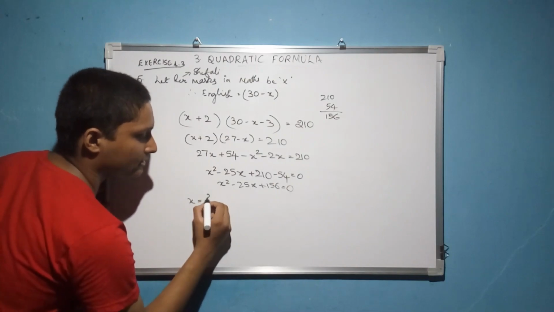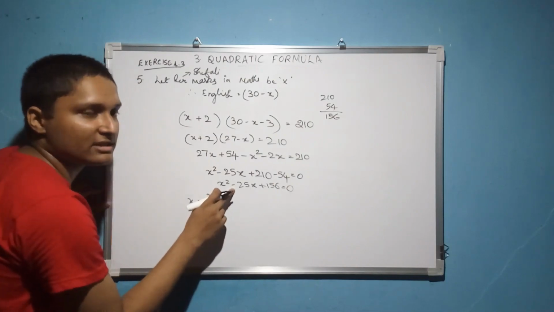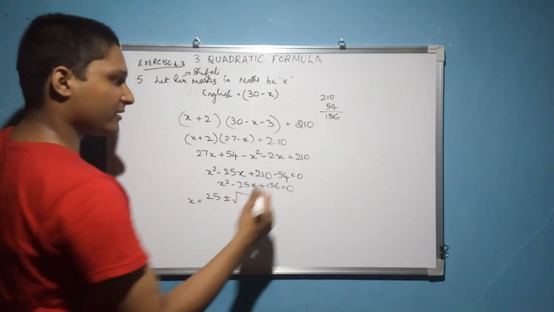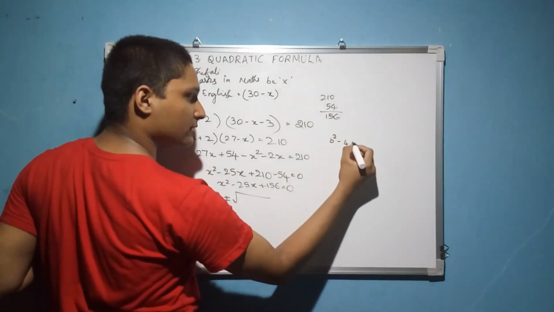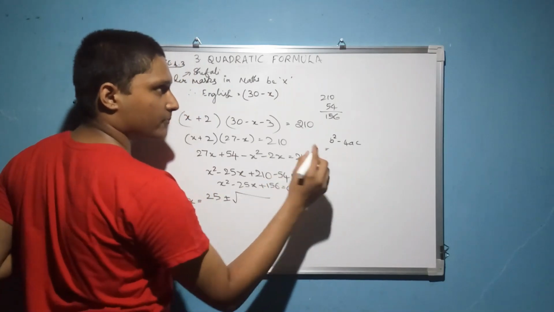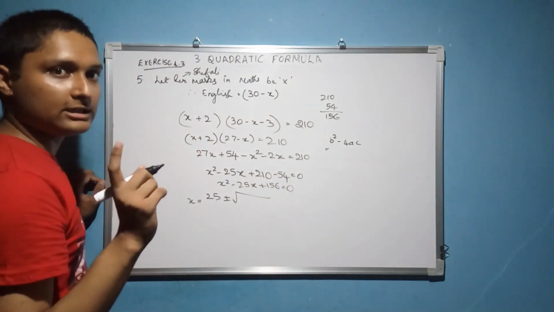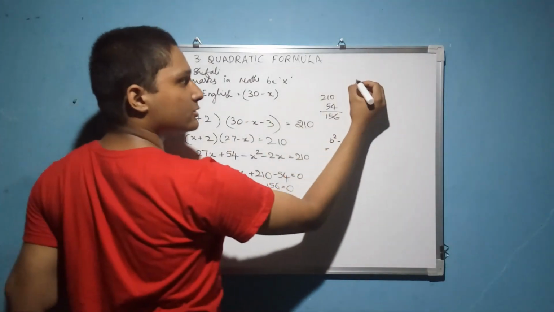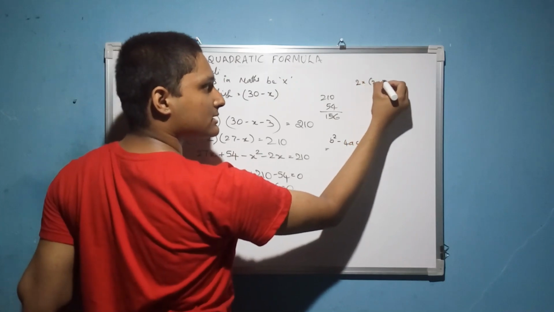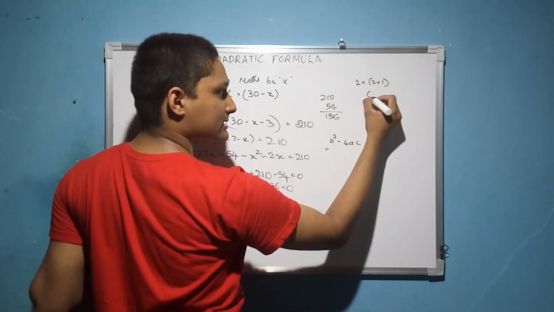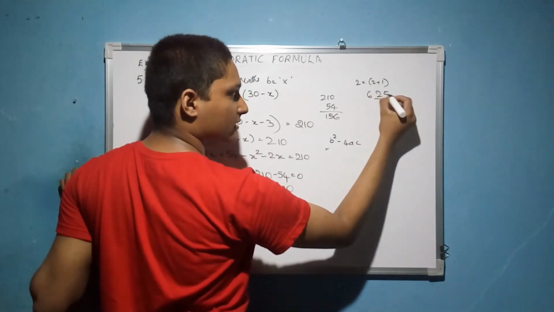It's going to be minus b, minus of minus 25 is 25, plus or minus root of b square minus 4ac. It's going to be very big, that's why. So 25 square is, whenever you find the square of any number ending with digit 5, it is going to be 2 into 2 plus 1, which is 2 into 3 or 6, 6 followed by 25.